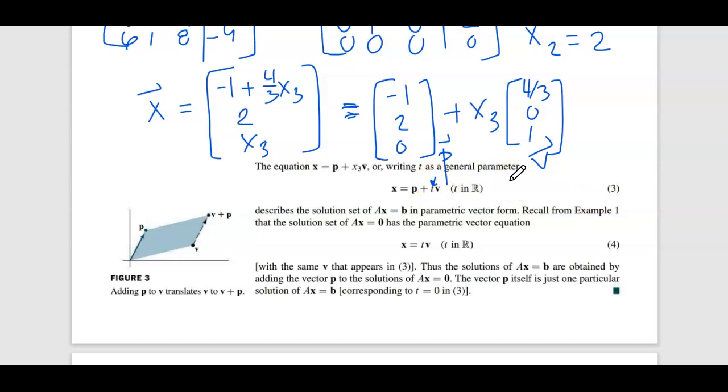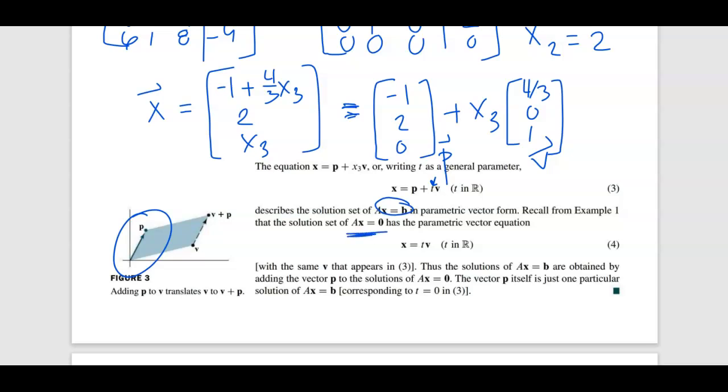I want you to realize that if t is 0, then we would just have P as our solution. And then plus tV means that this is the span of all the vectors between P and V. So this is the solution set of all solutions for Ax equals b, because x3 is free.